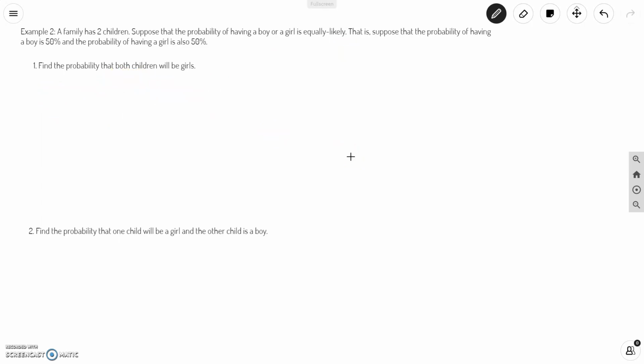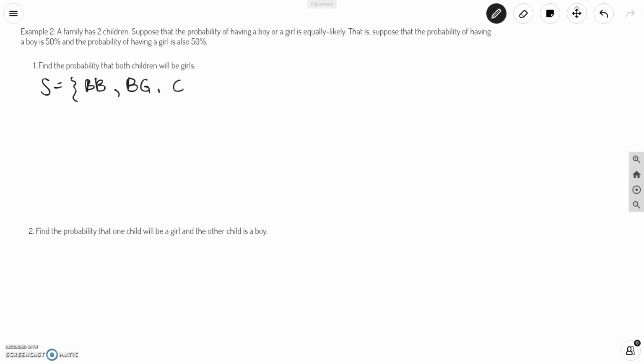So the first thing to do again is to start off with the sample space. What are all of the possible outcomes that we can get for the 2 children? One possible outcome is that this family could have a boy, and then their second child is also a boy. Another possible outcome is that the first child is a boy and the second child is a girl.